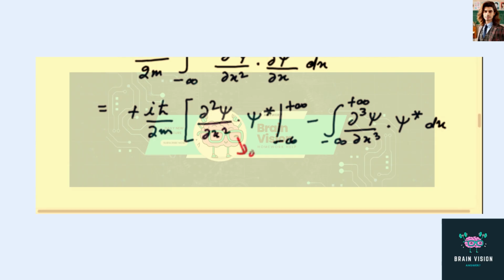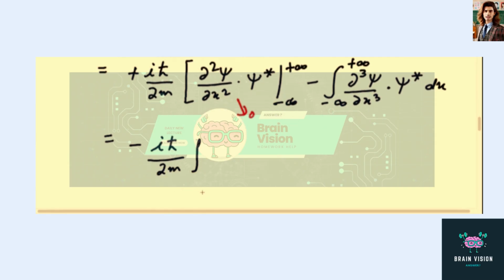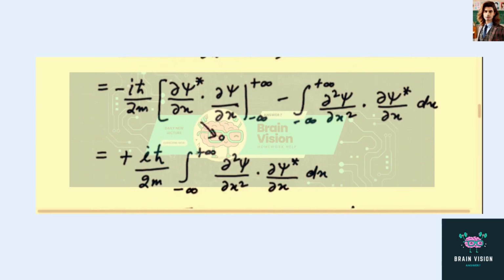so hence the first integration is minus iħ/2m, and this, ∂³ψ/∂x³ ψ* dx. Now substitute this value in this equation, that is here.